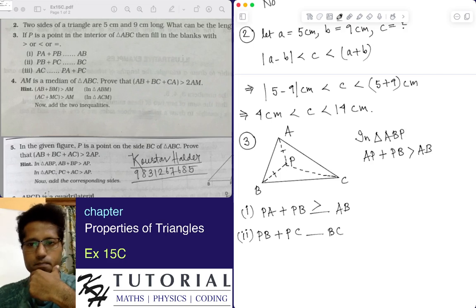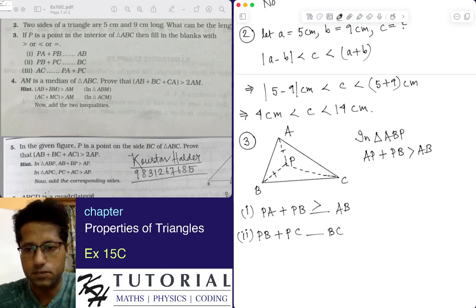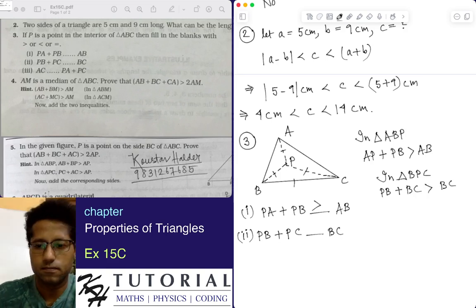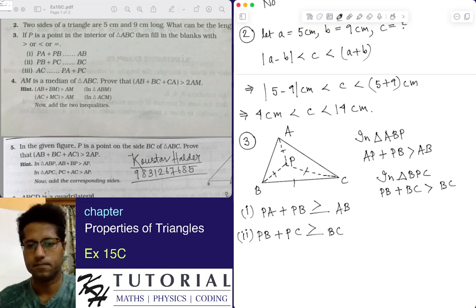So in triangle BPC, the sum of the lengths of the sides PB and BC, that is PB plus BC, should be greater than the third side, that is BC. So we must have the greater than sign over here.